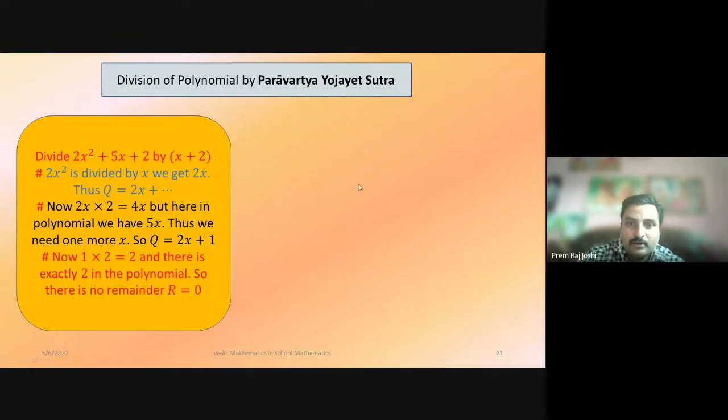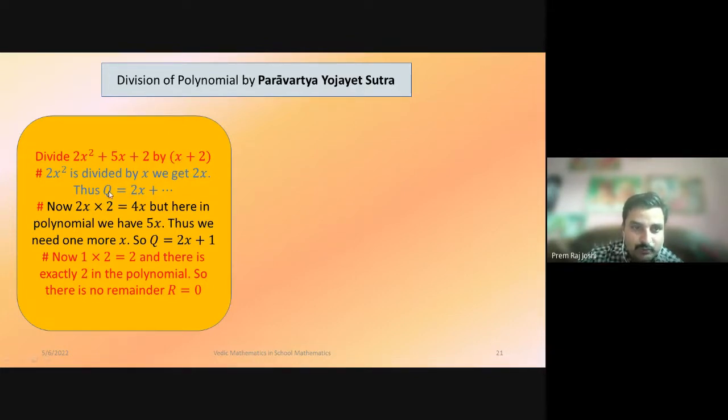Now I have taken another sutra, which is basically useful for the division of polynomials. For example, we have the polynomial 2x square plus 5x plus 2, to be divided by x plus 2. First we divide 2x square by x, and we get 2x.